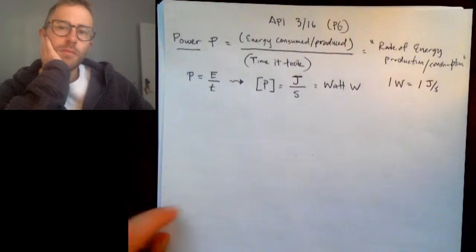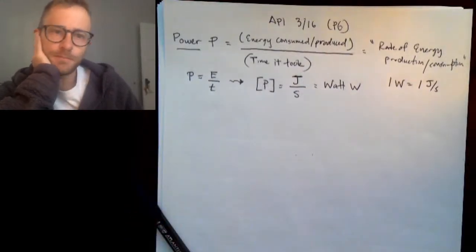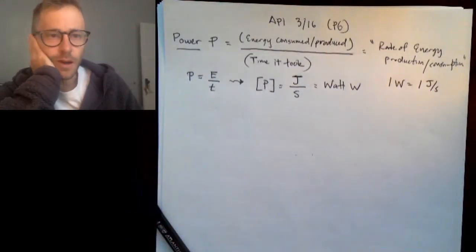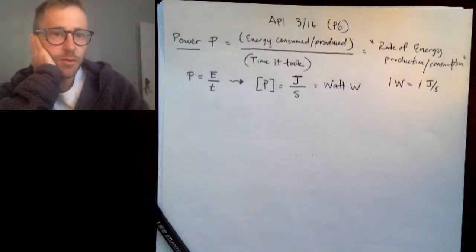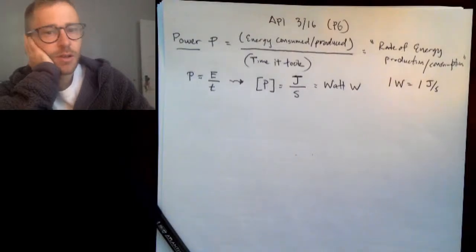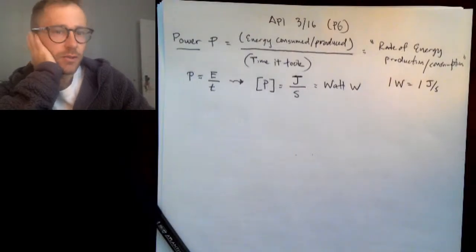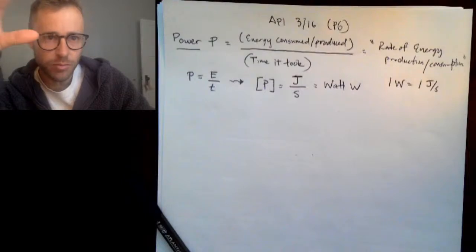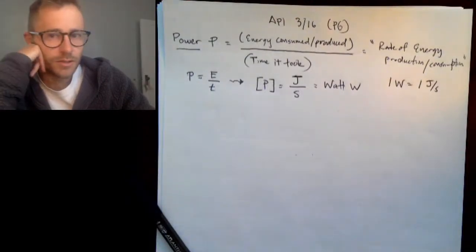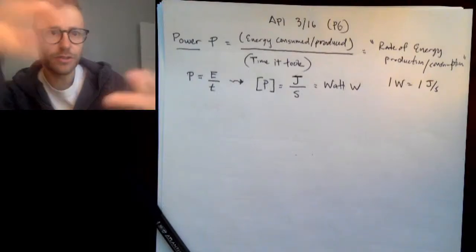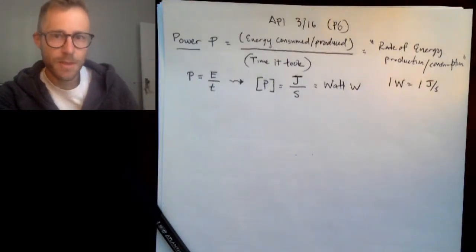If you look at the box of an incandescent light bulb, it might say something like 60 watts, meaning that when you plug that light bulb in, it's going to consume 60 joules per second of energy to give you that light.